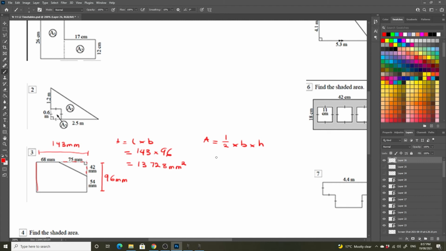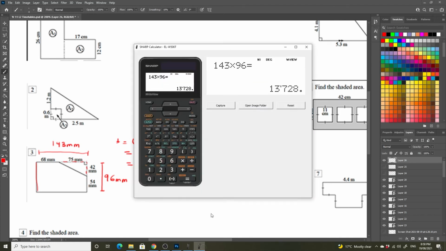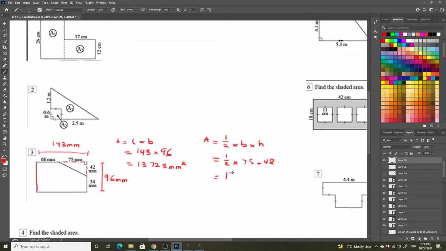So that's going to be equal to half times 75 times 42, which is equal to 1,575 millimeters squared.